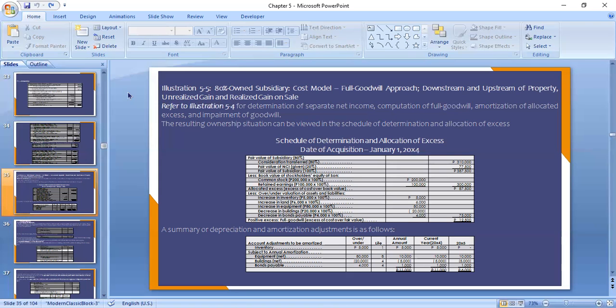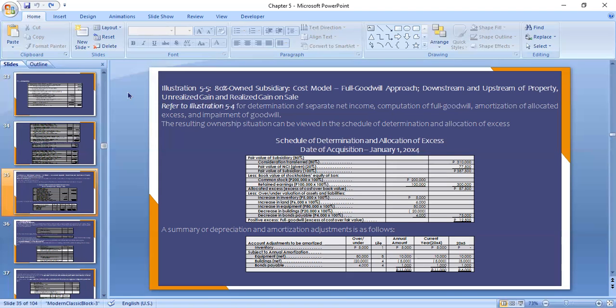The resulting ownership situations can be viewed in the schedule of determination and allocation of excess.